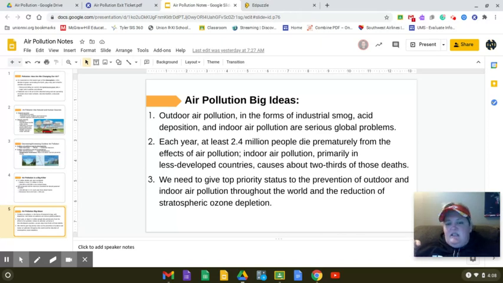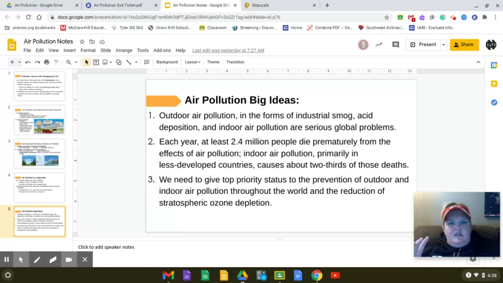And then we need to give top priority status to the prevention of outdoor and indoor air pollution throughout the world and the reduction of stratospheric ozone depletion. What that means, guys, is the laws need to be tougher. And like I said before, yes, the United States has the EPA, Environmental Protection Agency, and yes, we have laws, but we've been getting kind of relaxed with those laws.